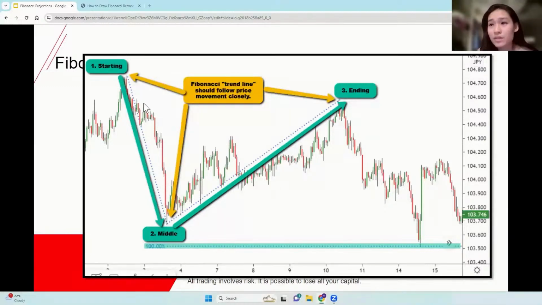I don't know if you can see the lightning bolt shape, but following the green arrows, you then extend the tail out from the last point towards the ending. Basically where it ends, we're projecting a rebound off of that level. Over here, you can see the rebound occurs at a 100% Fibonacci projection level.